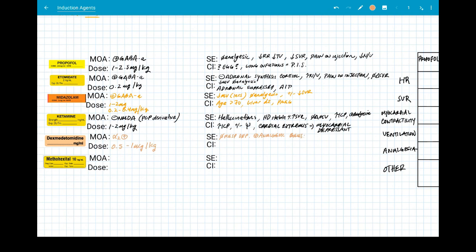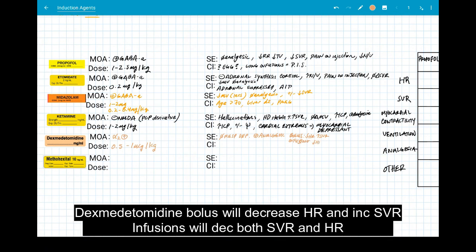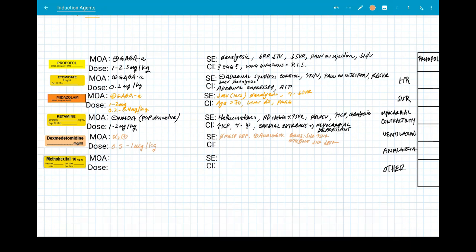Bolus doses will decrease your heart rate and increase your SVR. Infusions will decrease your heart rate and decrease your SVR. Contraindications, anybody with severe bradycardia, anybody you expect is going to be hypotensive.